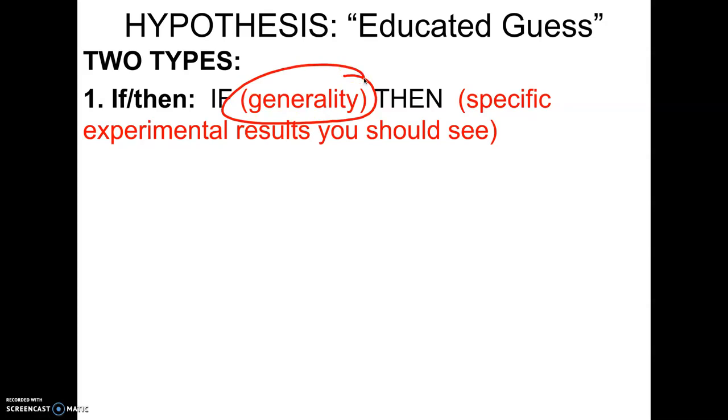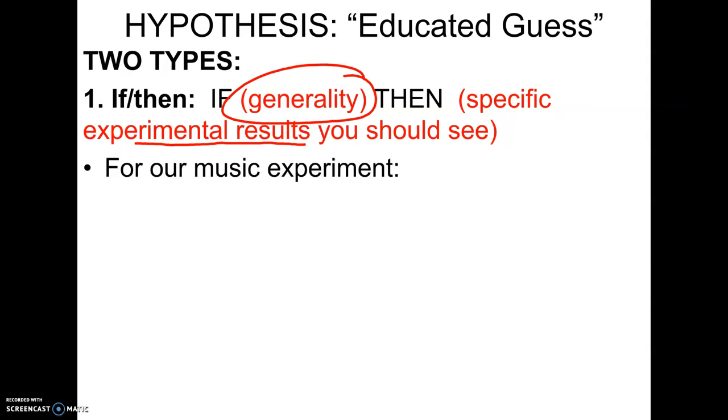So if listening to music helps me study better, that's generally what I think. That's my generality. My then is the actual experimental results that are going to support it. So if listening to music does help you study better, how are we going to know? The then is that those students who listened to music while they studied will perform better on the test.